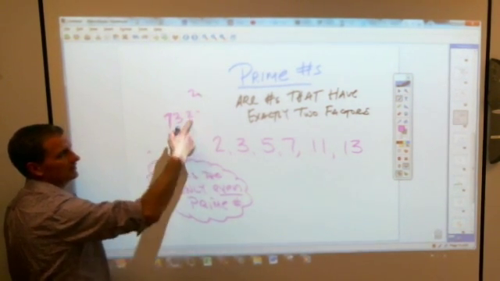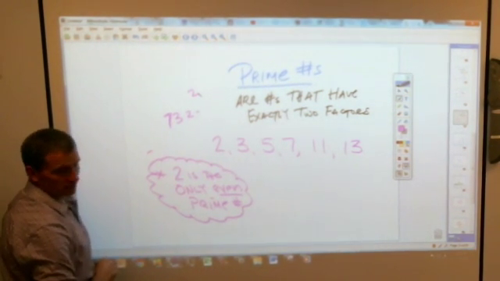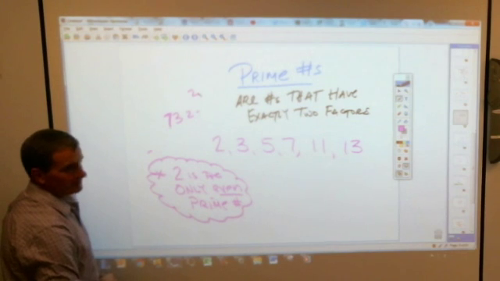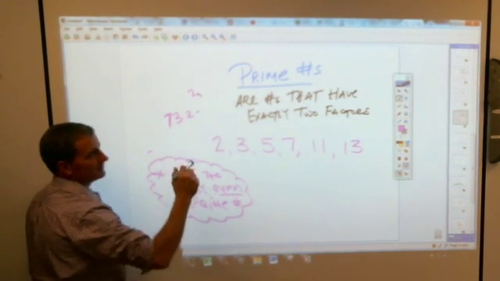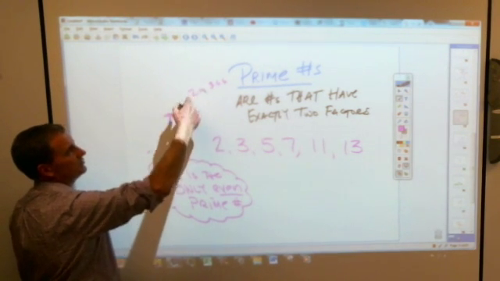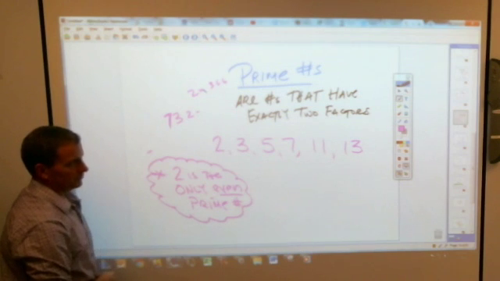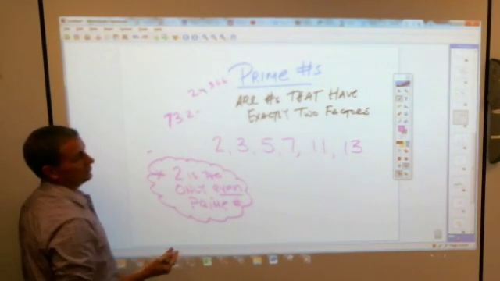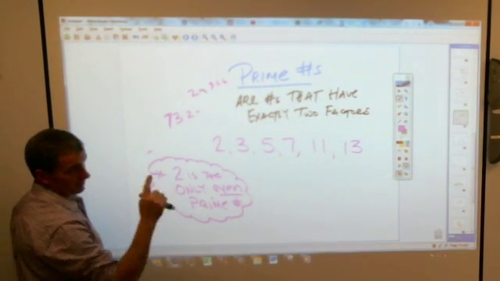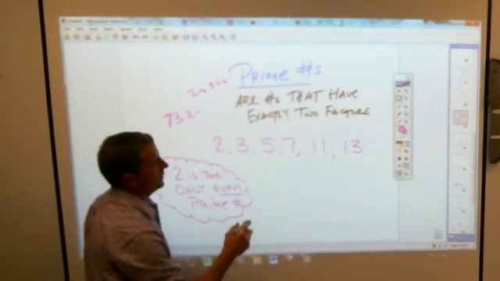If you cut this in half, which would be what, John, half of 732? 366. So you know that 2 times 366 is going to give you 732. Every even number besides 2 can be divided by 2, so 2 is the only even prime number.